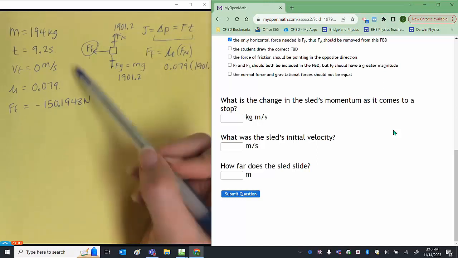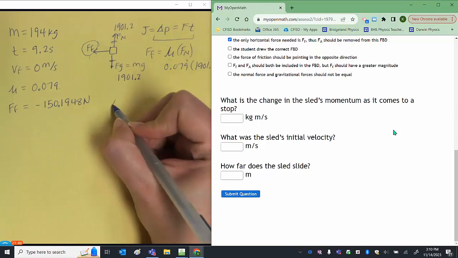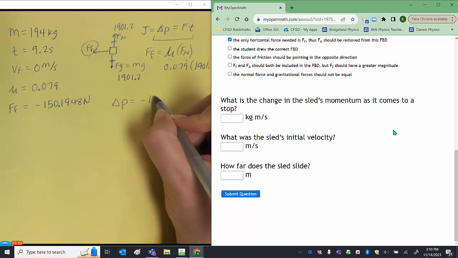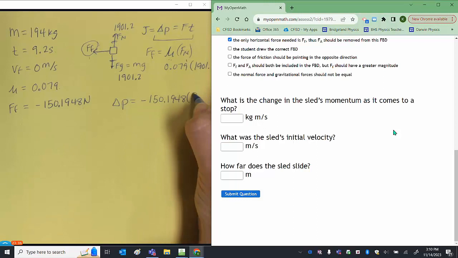Here's my net force, here's my time. So if I want to solve this problem, I can say my change in momentum is equal to my force, negative 150.1948, times my time, 9.2.